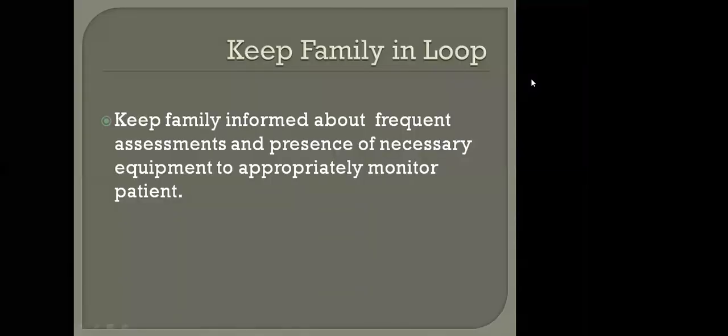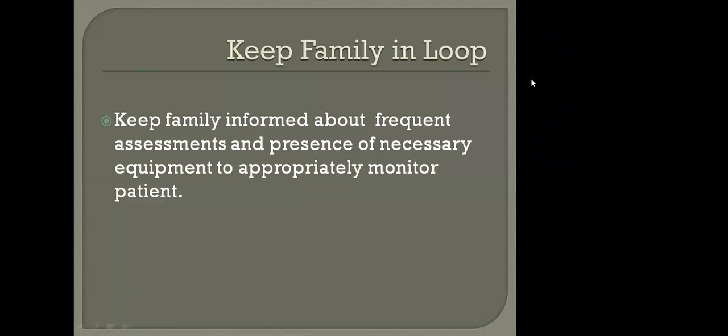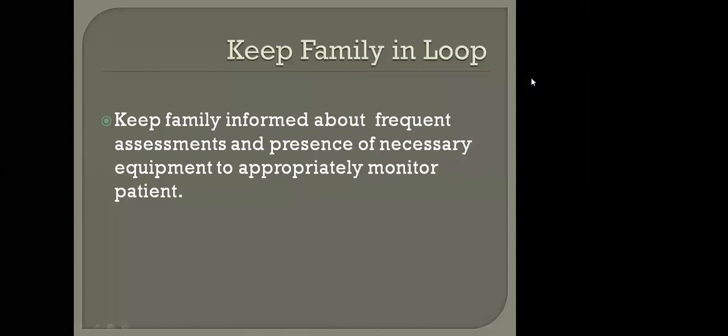The important aspect is to keep the family in the loop. Keep the family informed about the procedures, the frequent assessments, necessary equipment which is available there, appropriate monitoring, and all this information has to be transferred to the family from time to time.